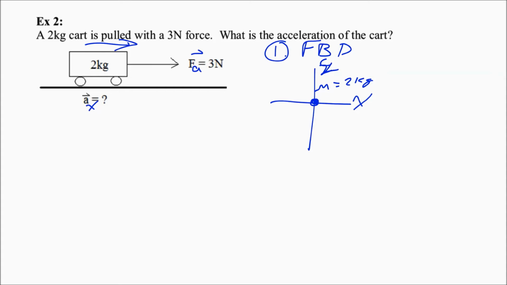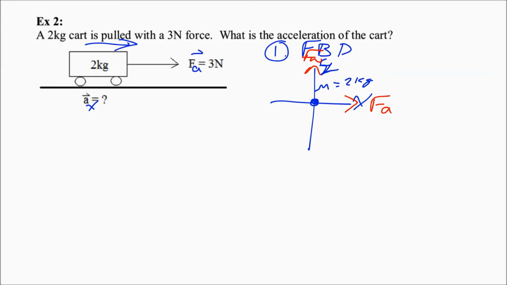So you'll notice that right here the cart is making contact with the surface. That means the surface is going to push up on the cart at 90 degrees, and that's going to give us a normal force. Then we have the person pulling on the cart, so we're going to have an applied force to the right.